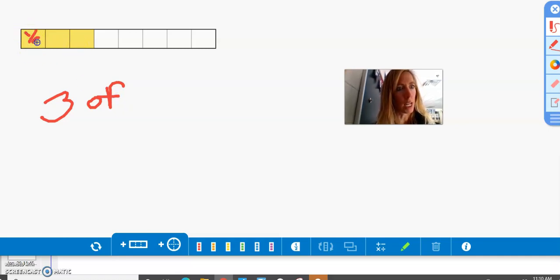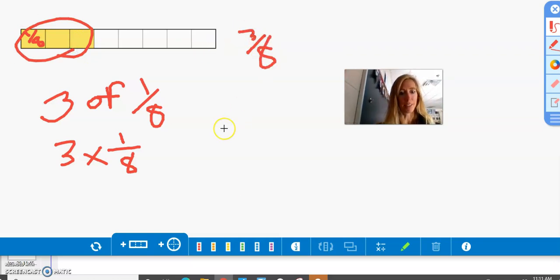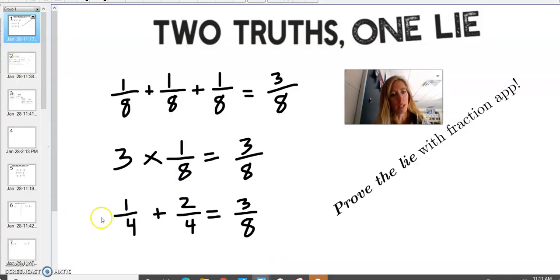Here's 1/8, here's another 1/8, here's another 1/8. Or 3 groups of an 1/8. And when I do that, this is worth 3/8 of something. Yeah, 3/8. That works. Uh-oh, so that means this last one's a lie.